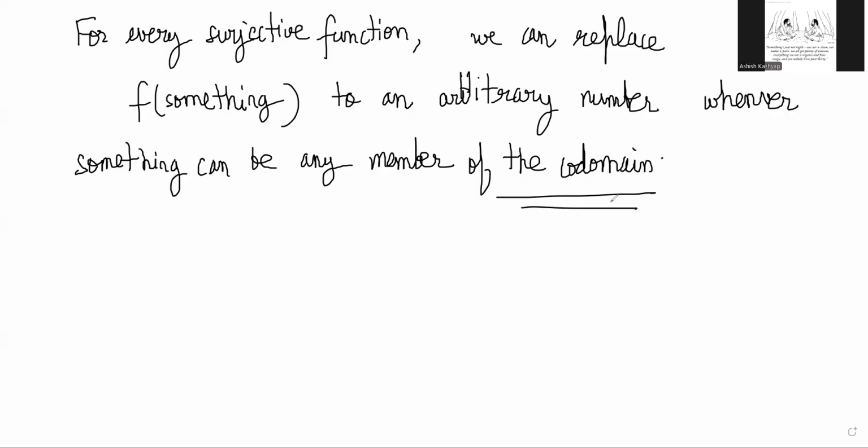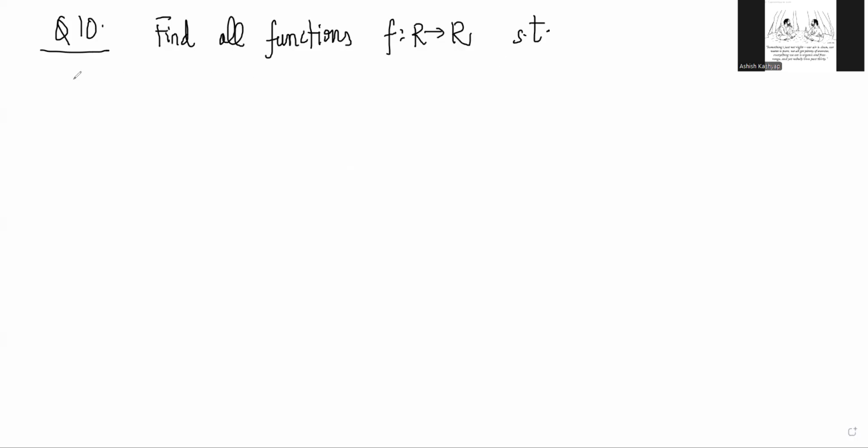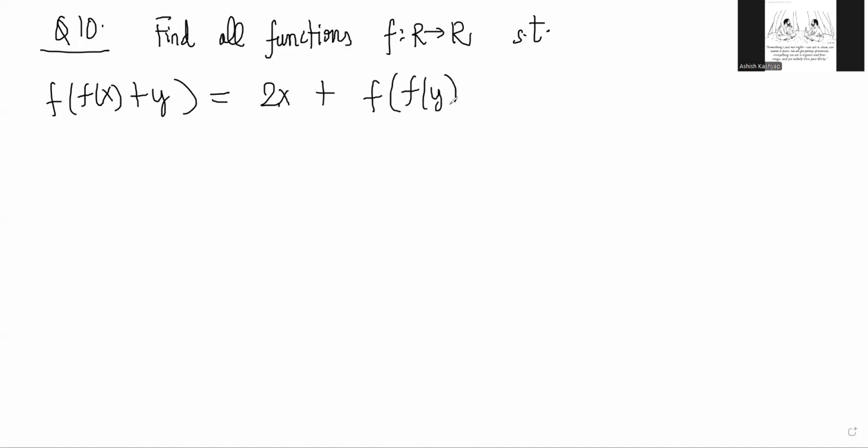So let's look at this particular problem. It says find all functions f from R to R such that f of x plus y is equal to 2x plus f of y minus x for all x, y belonging to real.